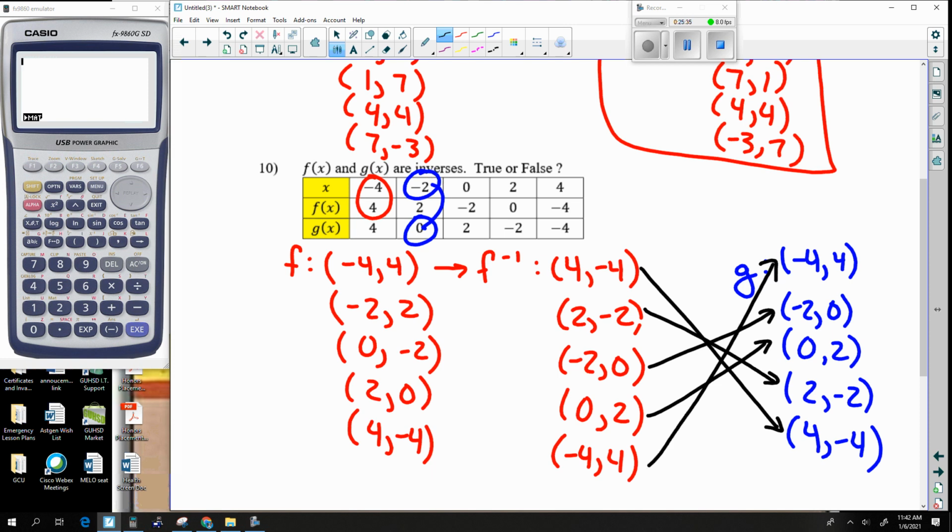So there are the points that are the inverse of f that are on G. It doesn't really matter what order they come in. You can write them down in whatever order you want, as long as they do contain the points. So are these inverses? Yes, they are inverses of each other. So this is indeed true.